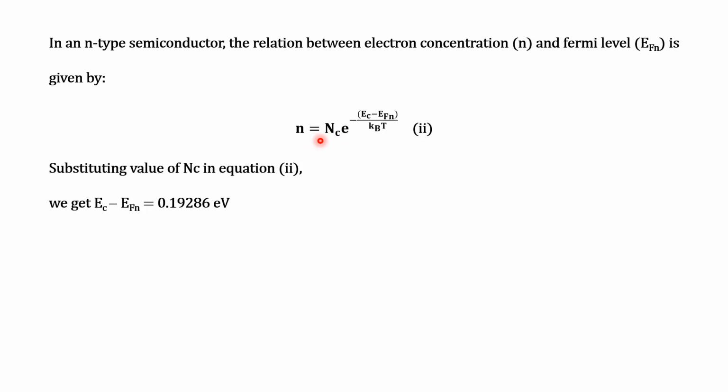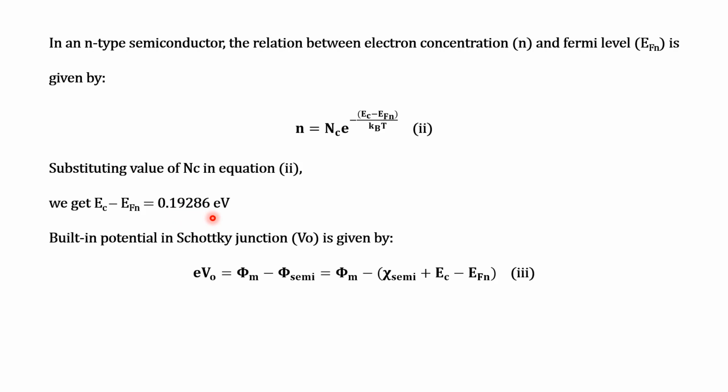And substituting the value of Nc, we will get Ec minus Efn as 0.19286 electron volt. And finally, built-in potential in the Schottky junction will be given by phi m minus phi semiconductor, or phi m minus chi, that is the electron affinity of the semiconductor, plus Ec minus Efn. This Ec minus Efn we have already calculated.